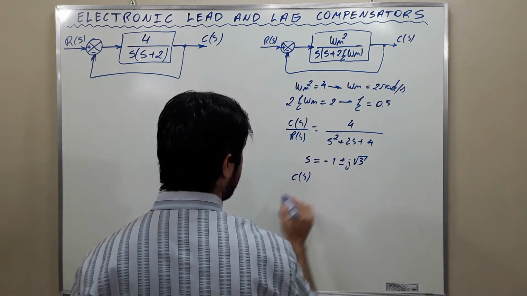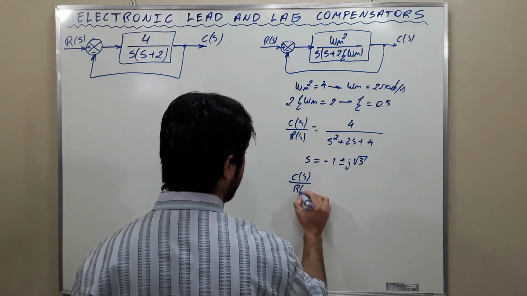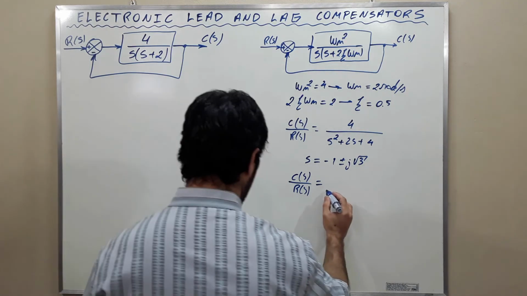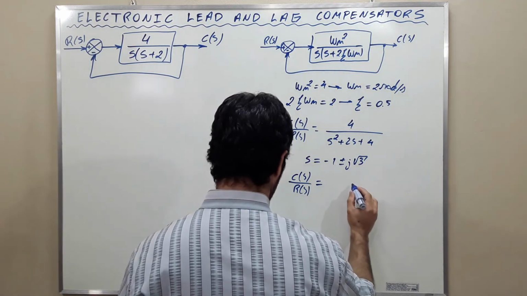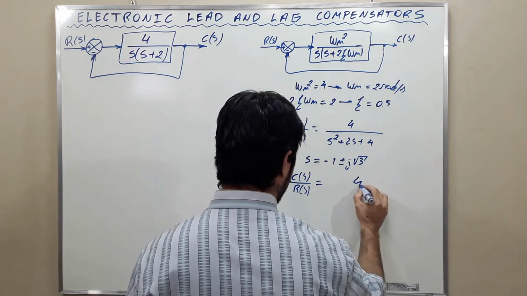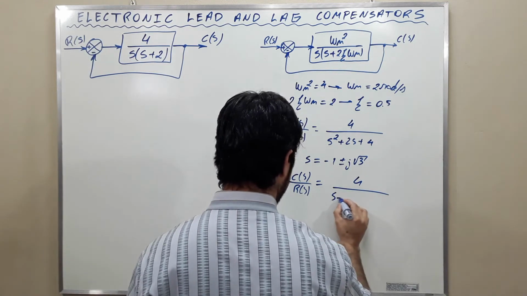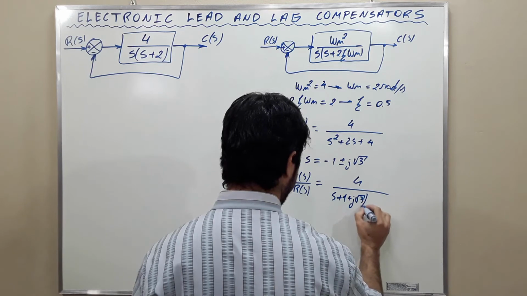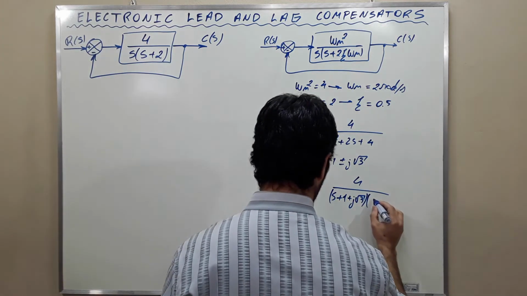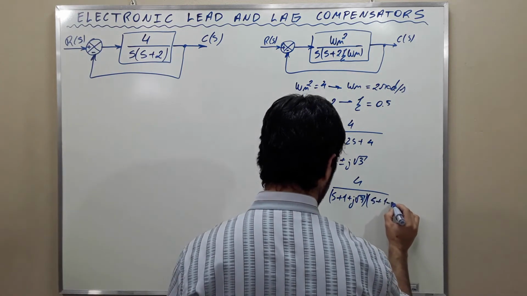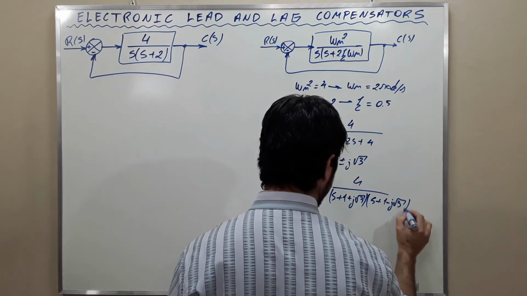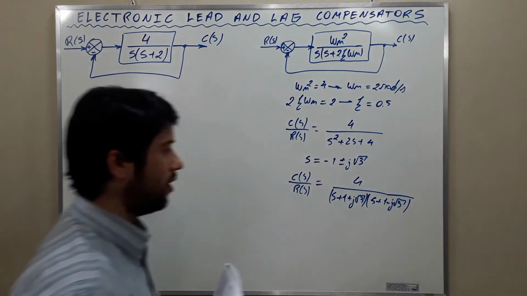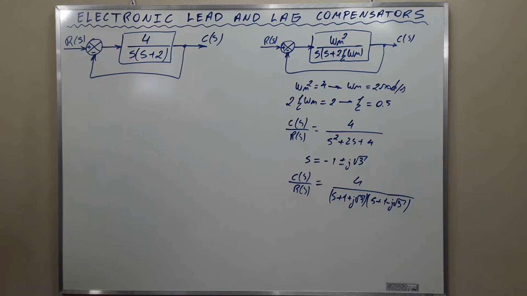Then the transfer function is of the sort 4 over (s plus 1 plus j square root of 3)(s plus 1 minus j square root of 3). Okay? This is the uncompensated system.